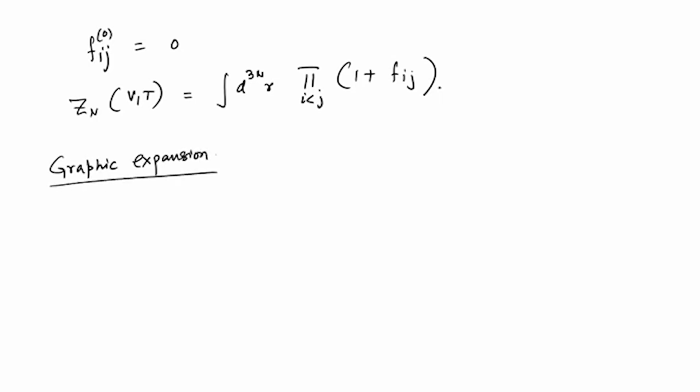We start drawing graphs in order to expand this product that you see here, and calculate these products using these graphs. I believe it is clear what Z_n is and what its relation is to the canonical partition function that we want to calculate, in this equation.